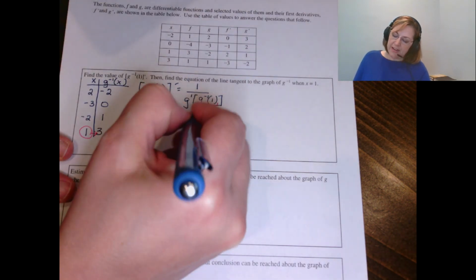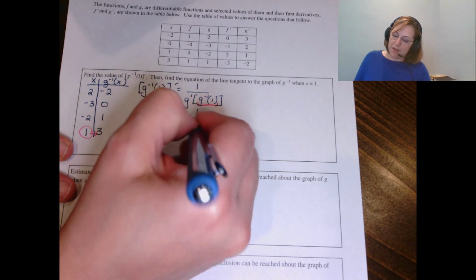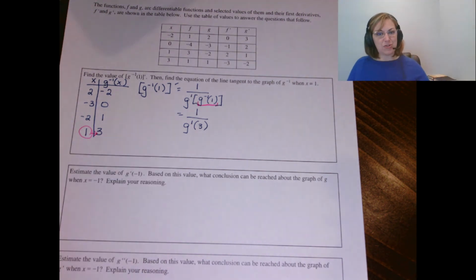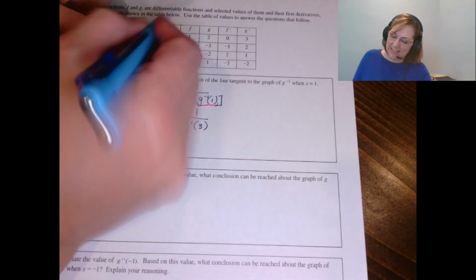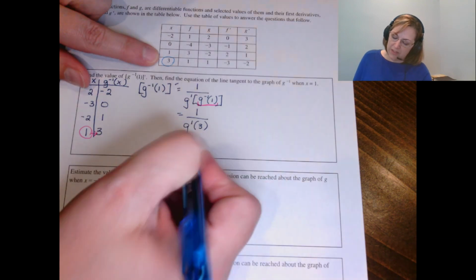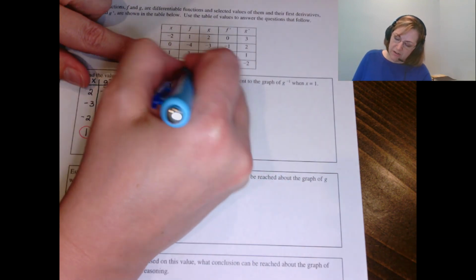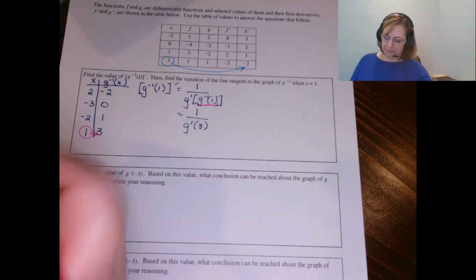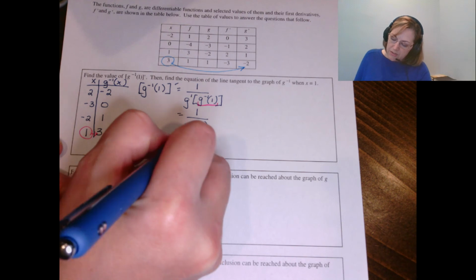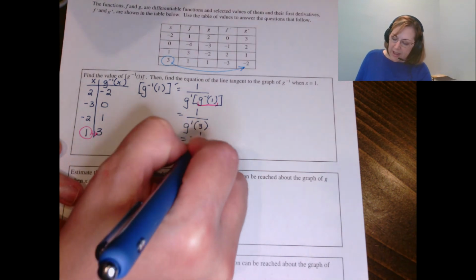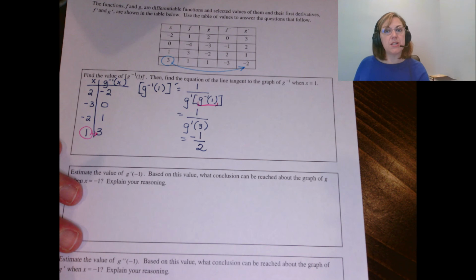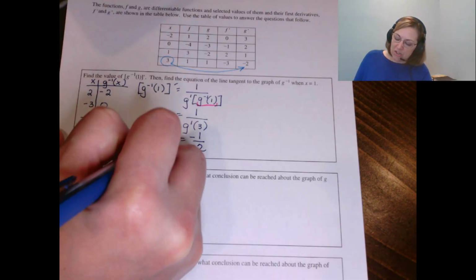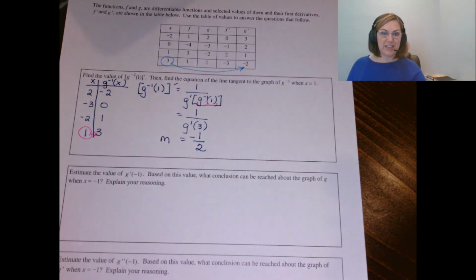So we're really finding 1 over g prime of 3. Go to your original chart this time. When x is 3, we need the derivative of g, which is -2. So I end up with -1/2 for the derivative of my inverse of 1. Now remember, that is going to be the slope of your tangent line you need here.